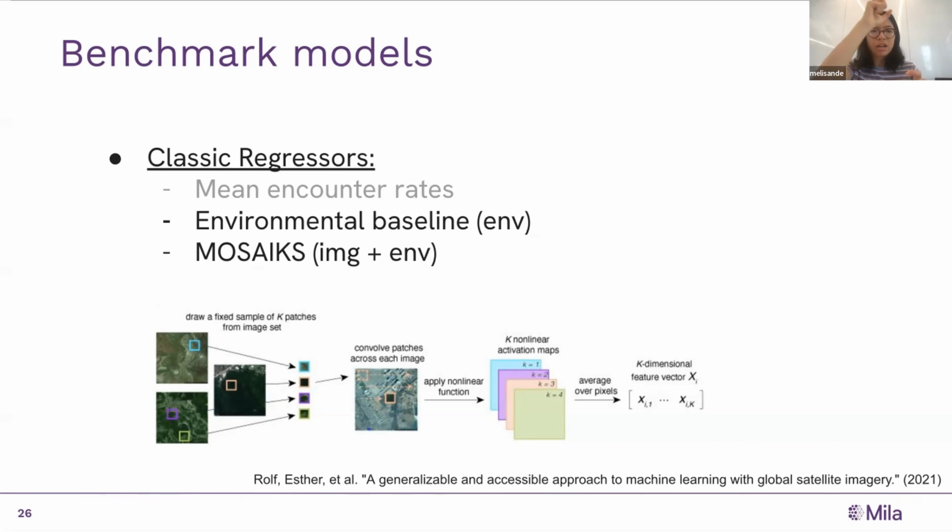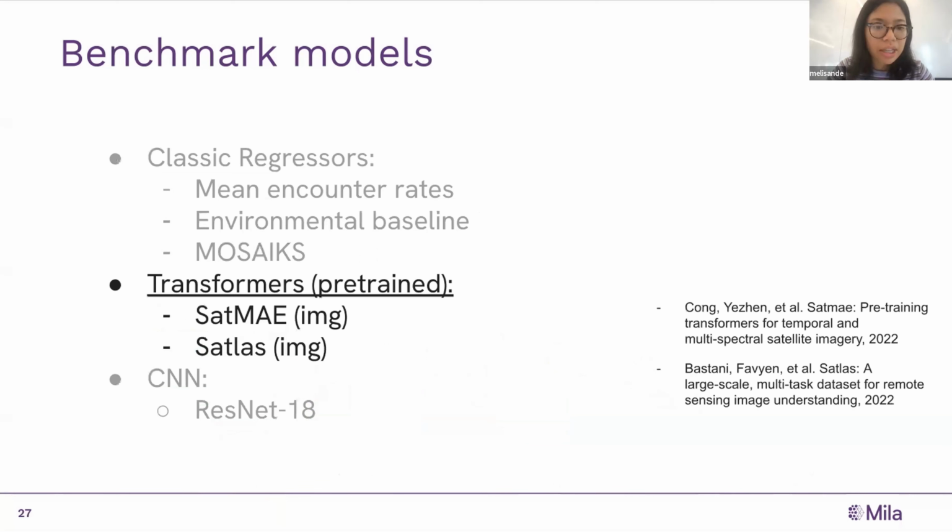You take a fixed sample of patches of satellite imagery, and then you do the same convolution operations over each image in your data set, and then you get some features from those satellite images, which you can concatenate with environmental variables, and then you actually train a model on those. But there is no process of actual learning of the image features.